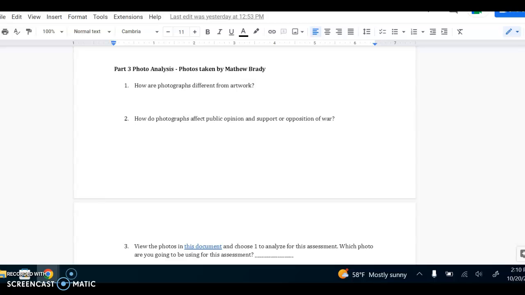Part 3 is photo analysis, photos taken by Matthew Brady. Question number 1 asks, how are photographs different from artwork or paintings? Number 2, how do photographs affect public opinion and support or opposition of war?